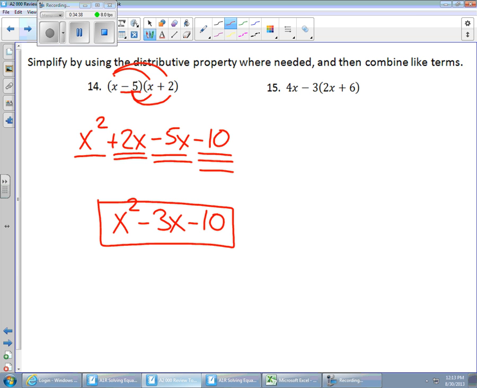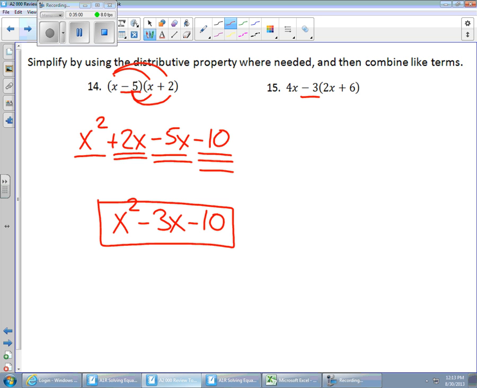Okay, the next one, there is distributive property, but be very careful on this one. A lot of people will want to take the entire 4x minus 3 and multiply it by the entire 2x plus 6. The problem is the entire 4x minus 3 is not multiplying by the 2x plus 6. What is actually multiplying by the 2x plus 6?